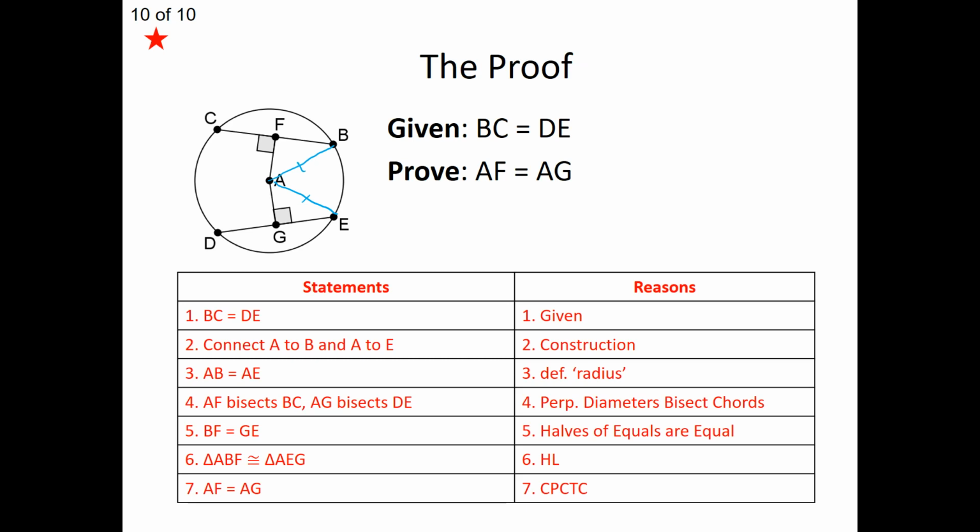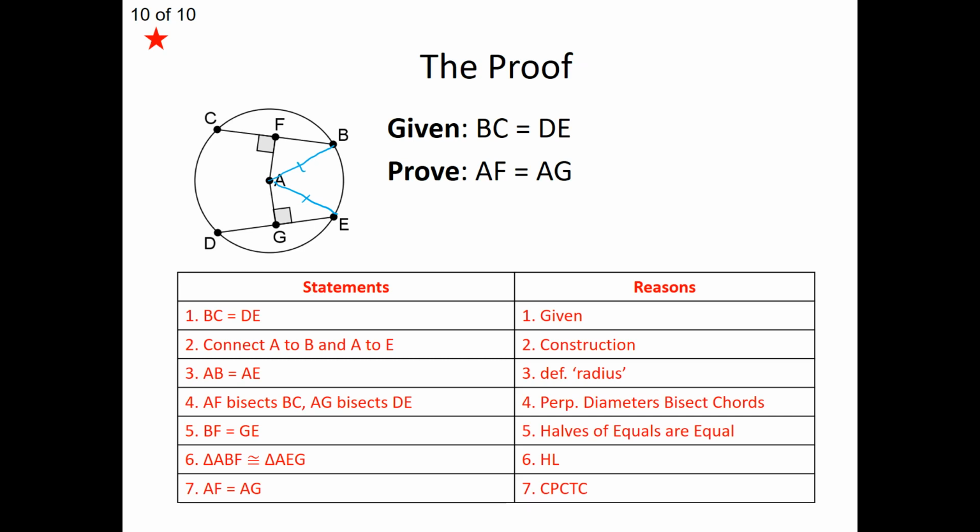Now, here's what we know next. AF is really part of a radius or diameter, and AG is also part of a radius or diameter. With both of them being perpendicular to our chords BC and DE respectively, we can say AF officially bisects BC. In other words, F is a midpoint, and AG bisects DE.